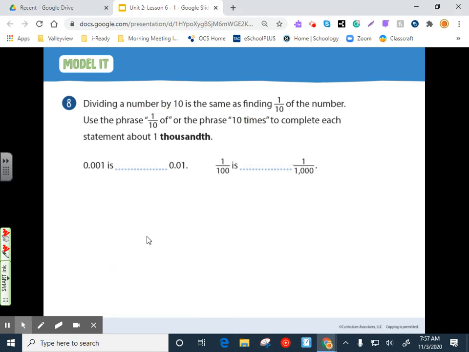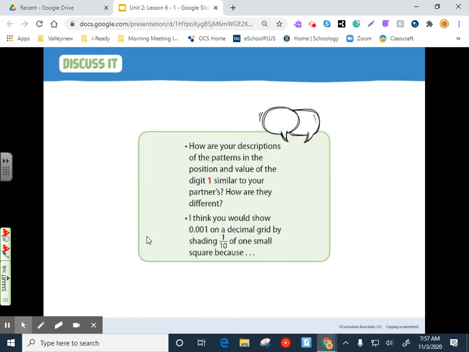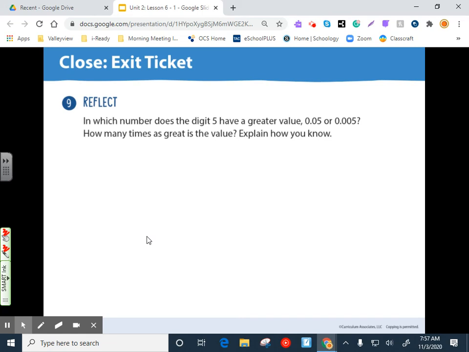And last part here, number 9. Which number does the digit 5 have a greater value? So let's write this out. We have 0.05 and 0.005. We want to know which one of these is bigger.